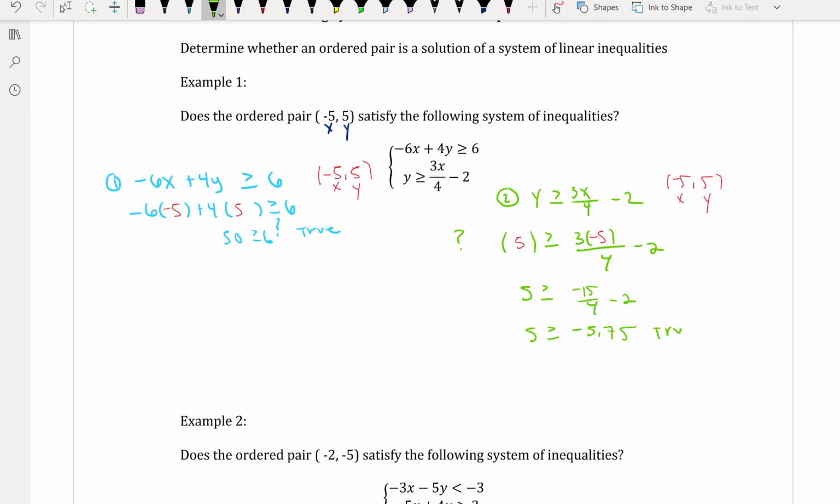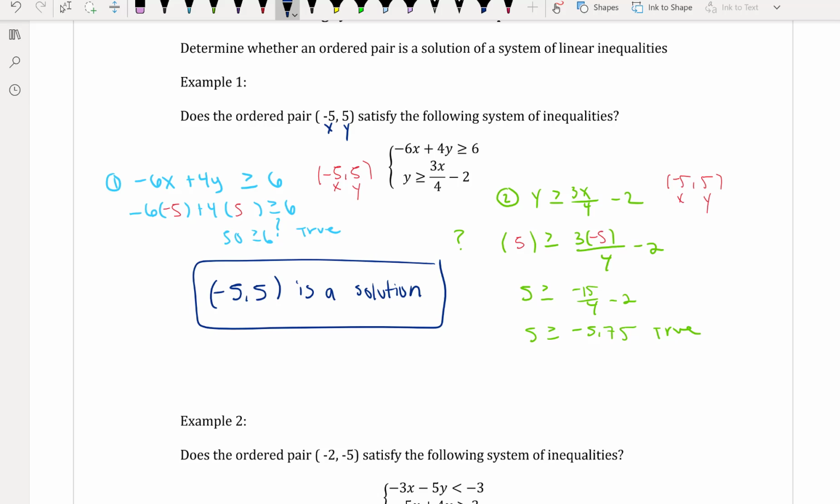So this is true. So we can say that (-5, 5) is a solution. It satisfies the system of inequalities. So you can also say yes.